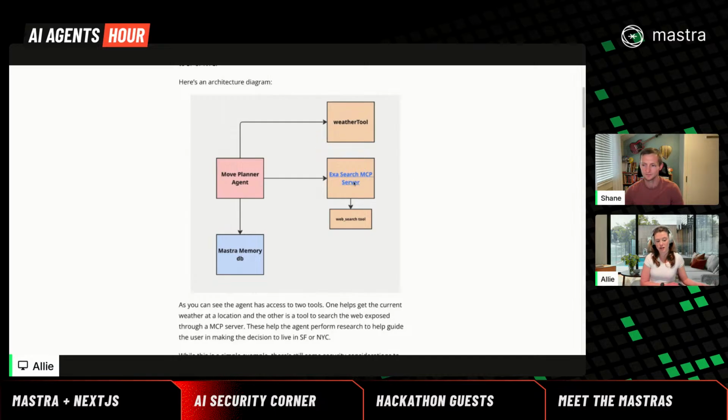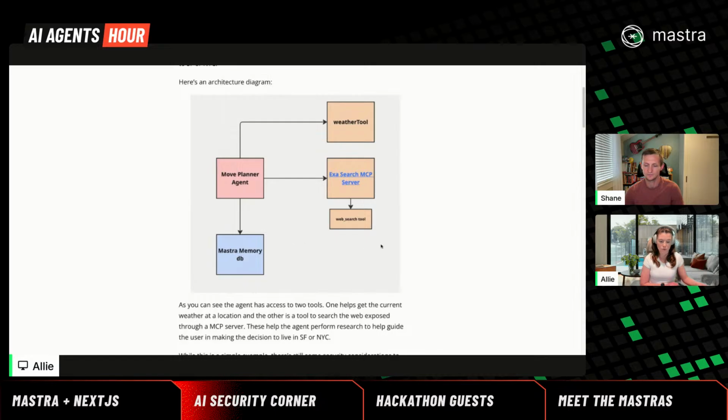Then I've also connected it to an MCP server from Exa, with the Exa search tool. It calls out to up to 5 URLs by default, does some research on the web, and returns results from the web pages it scrapes. So it's got that single tool from that MCP server, and then our homegrown weather tool. And it's also connected to the Mastra memory DB that Mastra creates automatically.